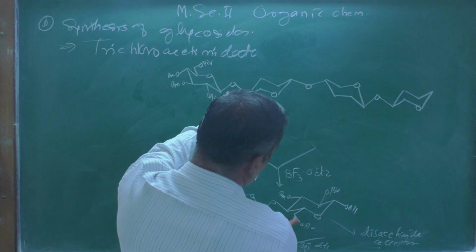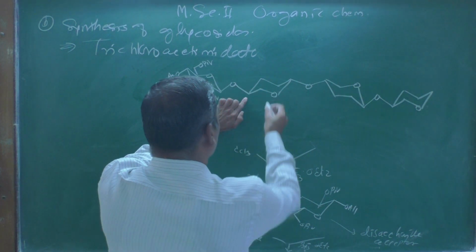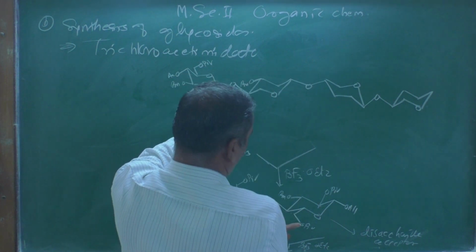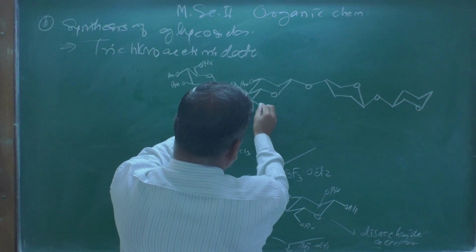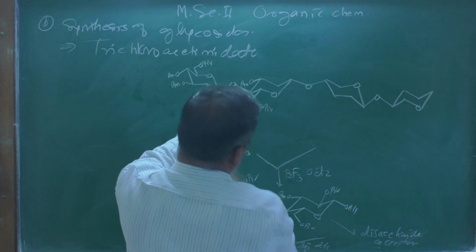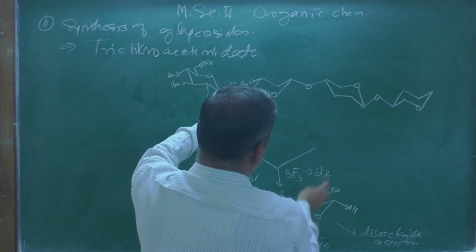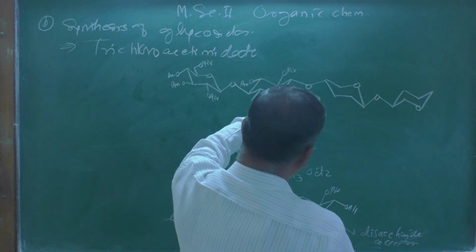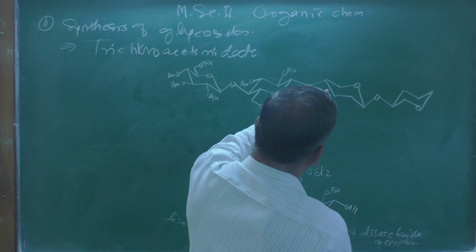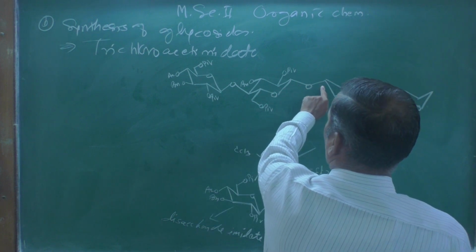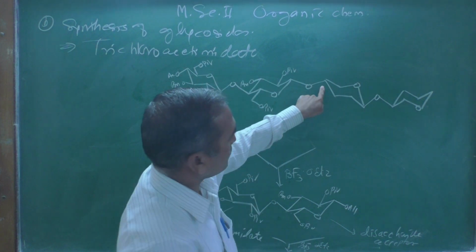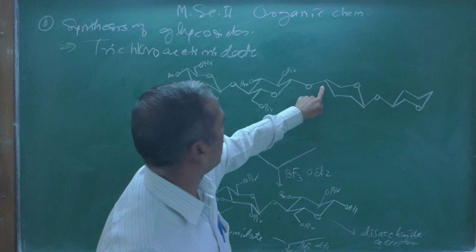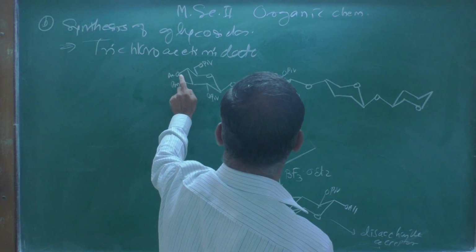Now look at this carefully. What is there here? OBn, then at this position OPiv, and at this position again OPiv, that's it. Then moving on, this becomes exactly similar to this one.